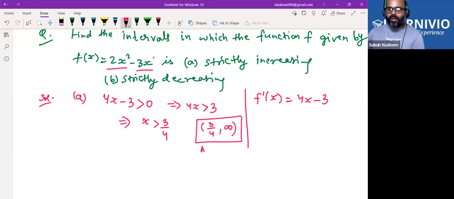This is for increasing. Similarly, if you will do for decreasing, 4x minus 3 is less than 0.